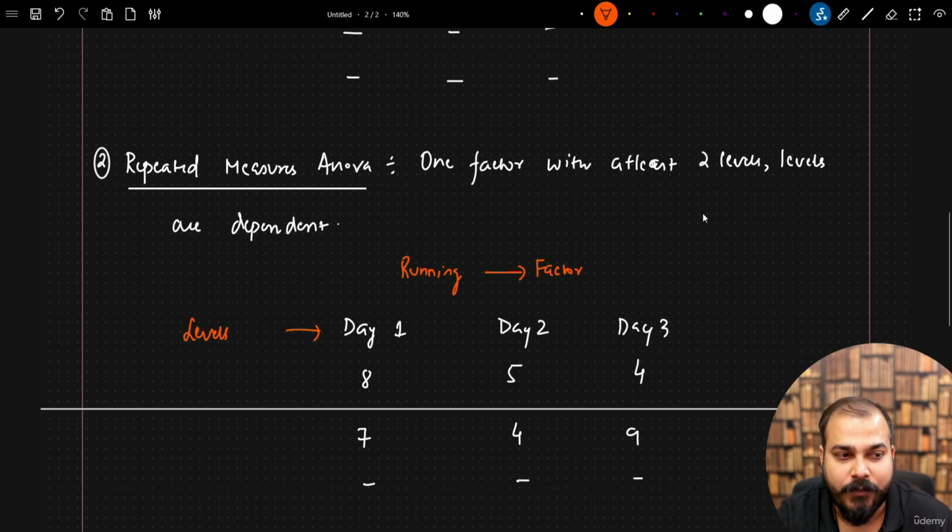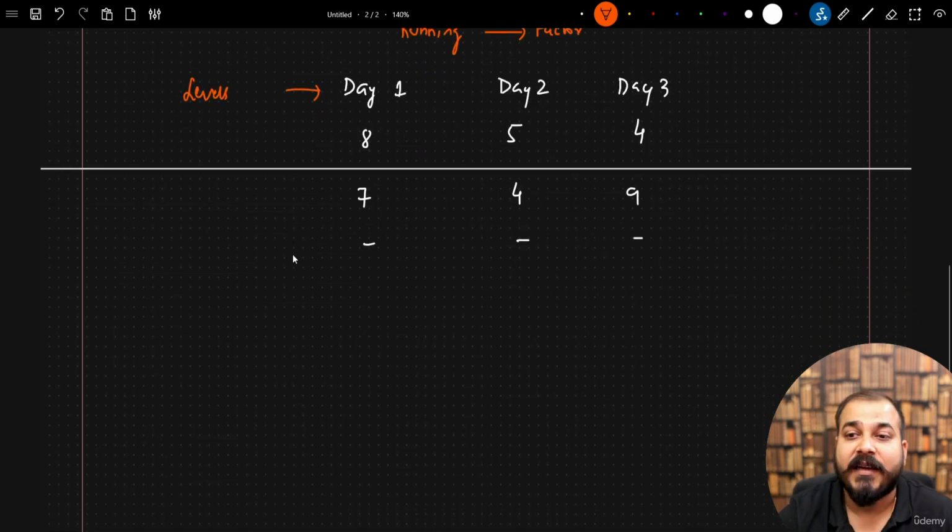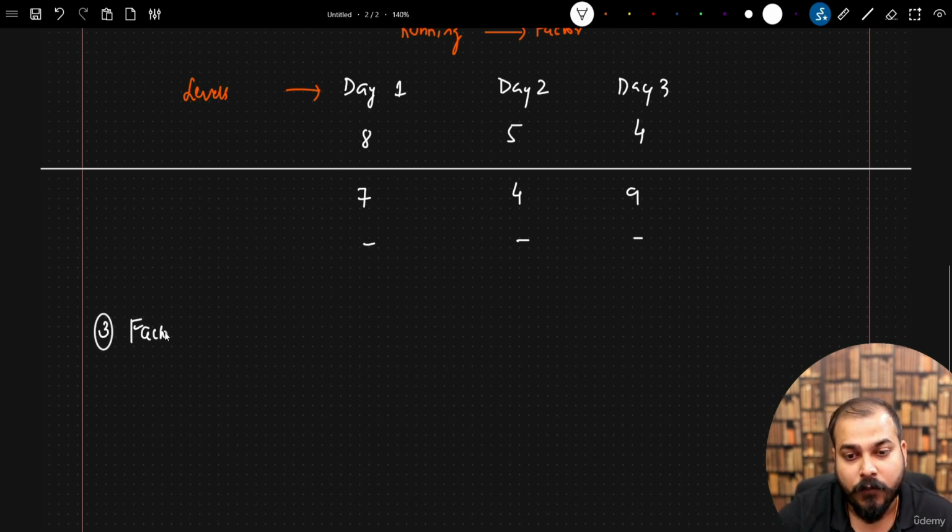Now coming to the third type, which is called factorial ANOVA. So this kind of data sets will be available to you.